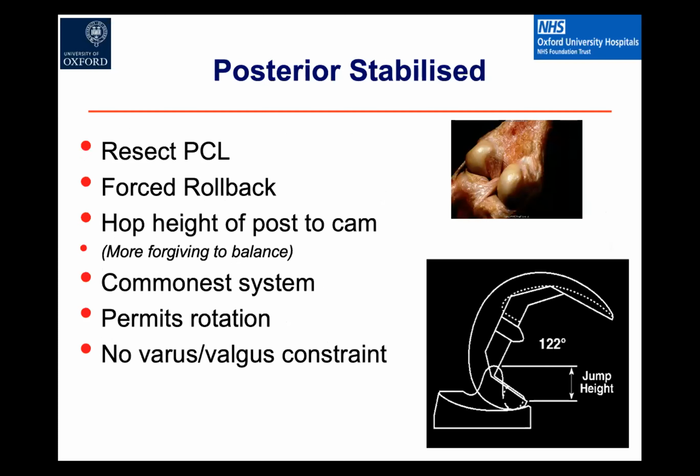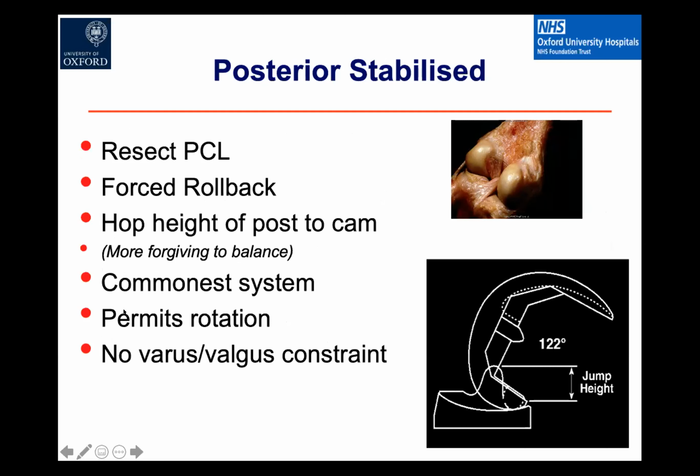With the PS implants, you resect the PCL, and your cam and post mechanism dictates your femoral rollback. And again, I put more forgiving to balance. Again, you shouldn't be relying on your PS to balance your knee.